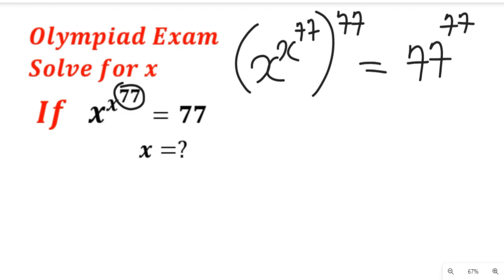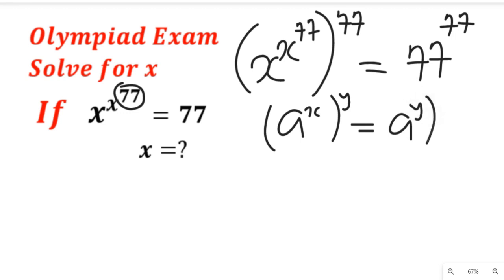Having done this, what we will now do is remember the laws of indices. We will have a to the power of x all to the power of y, and this can be equal to a to the power of y all to the power of x.